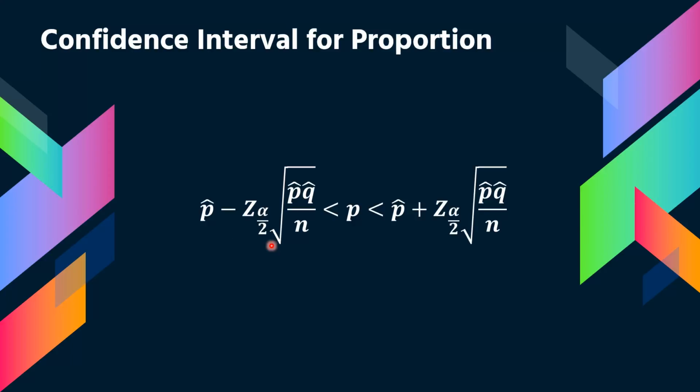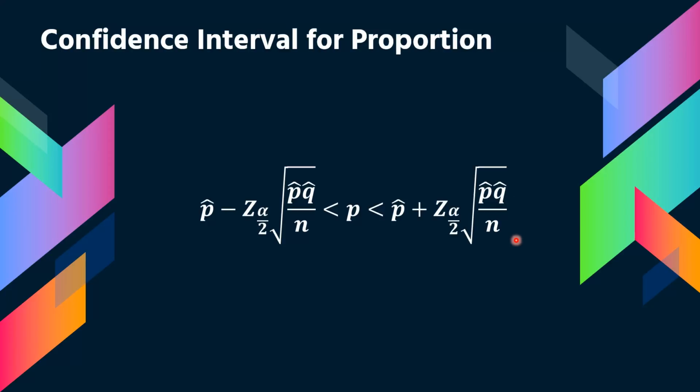So the Z of alpha over 2, or of the confidence interval divided by 2, times the square root of P hat times Q hat all over N, which is less than P hat plus the Z score of alpha over 2 times the square root of P hat times Q hat all over N.